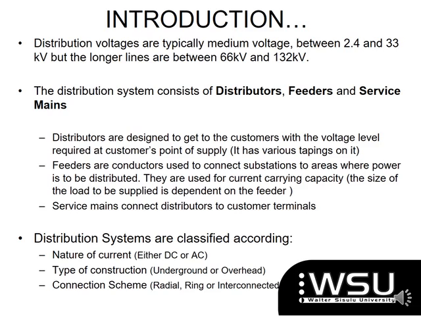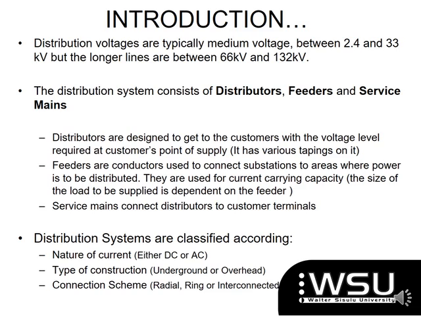So you need to have the correct size of conductor, be it an overhead line or an underground cable, because those can limit the amount of supply you can deliver to your customers.